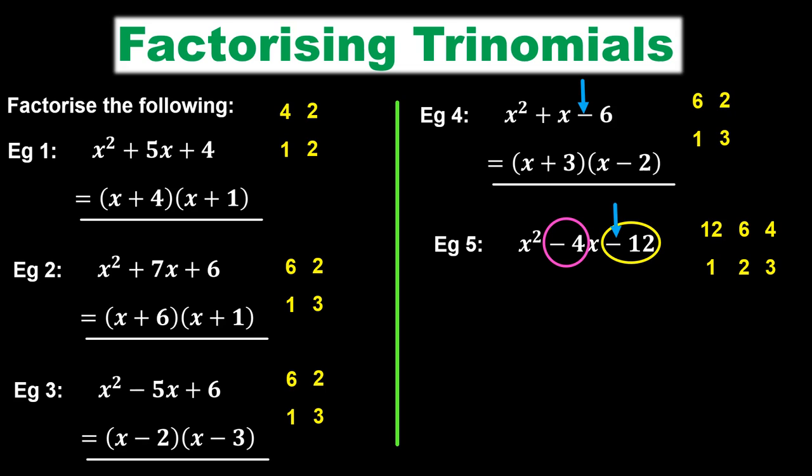We'll talk about that just now. So which set of numbers will subtract to give me 4? Well, 6 and 2. Now, I want to end up with negative 4, so the negative must go to the bigger number of the two numbers that I've chosen. So I've chosen 6 and 2, and the bigger number is 6. So in my brackets, I will have x minus 6 and x plus 2.